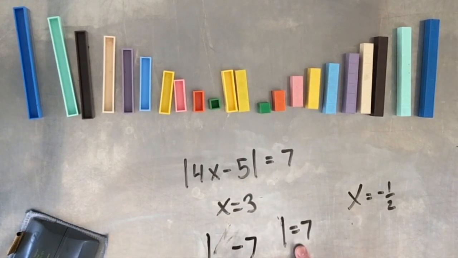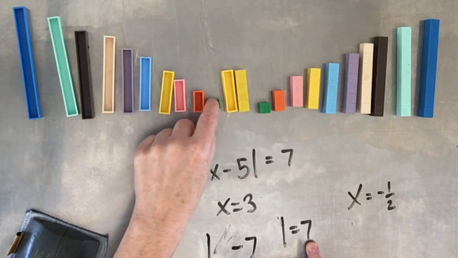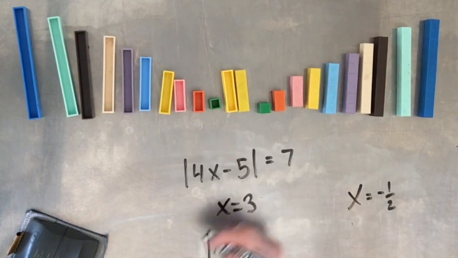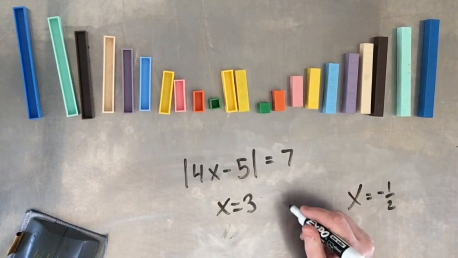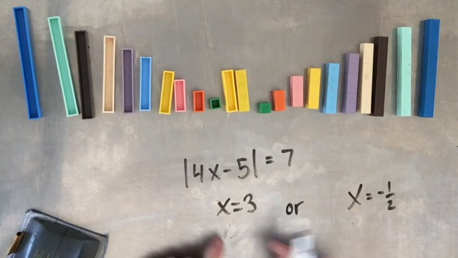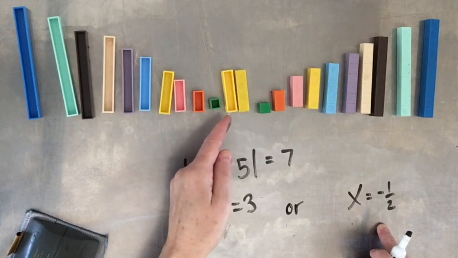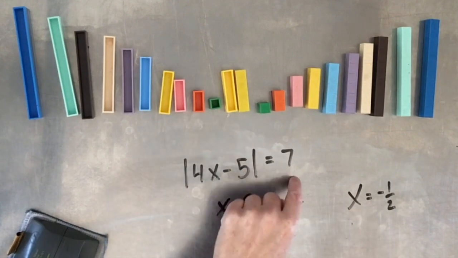Negative 7, is that exactly 7 steps away? Well, let's see, 1, 2, 3, 4, 5, 6, 7. It is. So these both work. So x equals 3 or x equals negative 1/2, which fits in here somewhere. But if you punch those in, it makes that statement true.